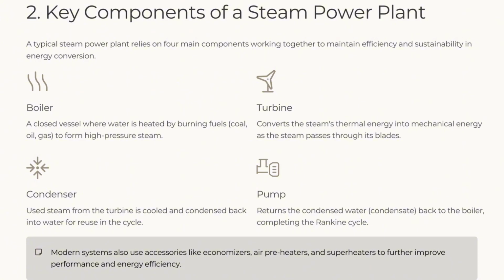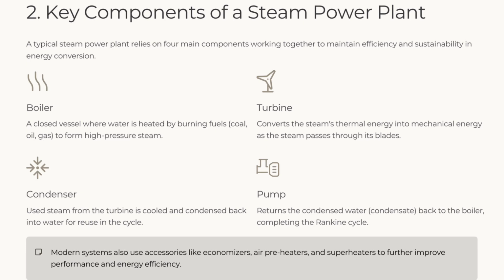Finally, the pump takes the condensed water and sends it back to the boiler. This completes the Rankine cycle and keeps the system running continuously. Additional notes: modern steam power plants also use accessories such as economizer, air preheater, and superheater to improve efficiency by reusing heat and maximizing energy output.